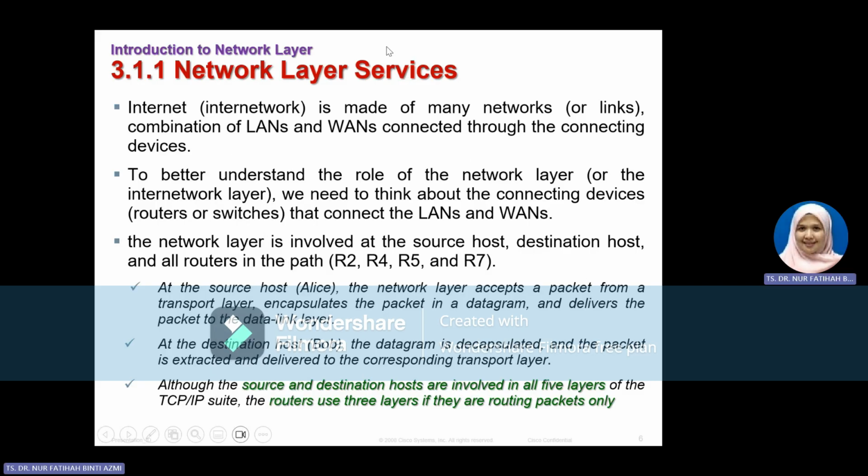Right, so next, we know that the network layer provides the service that allows data to travel across interconnected networks, or what we call an internetwork.